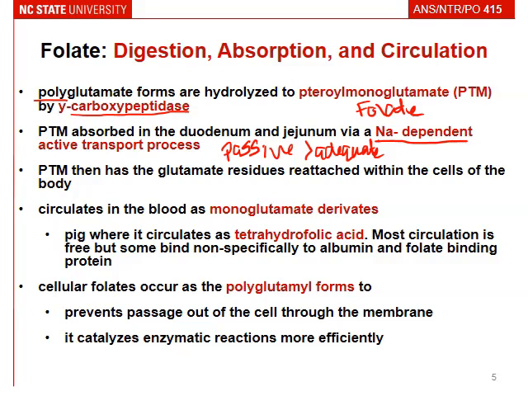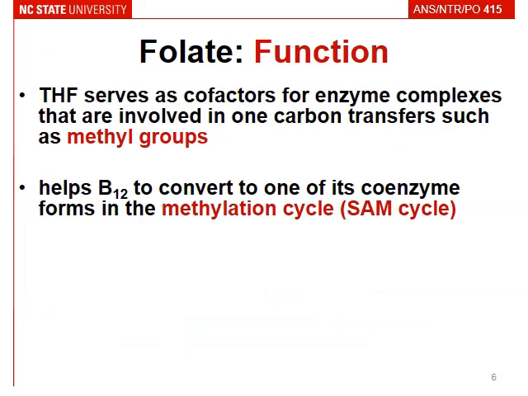Our folic acid within the cells is in polyglutamate forms, which prevents any passage out of the membrane, and having that additional glutamate on the end catalyzes the enzymatic reactions more efficiently.